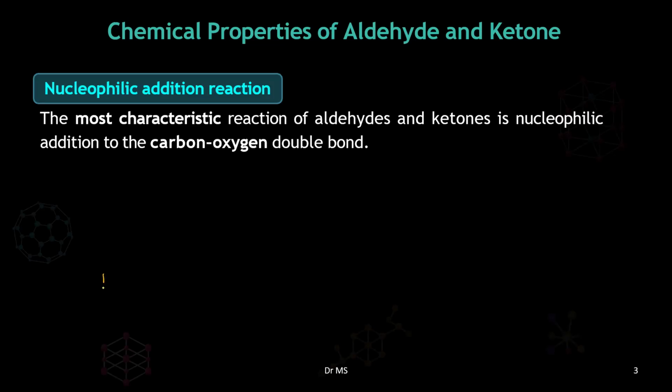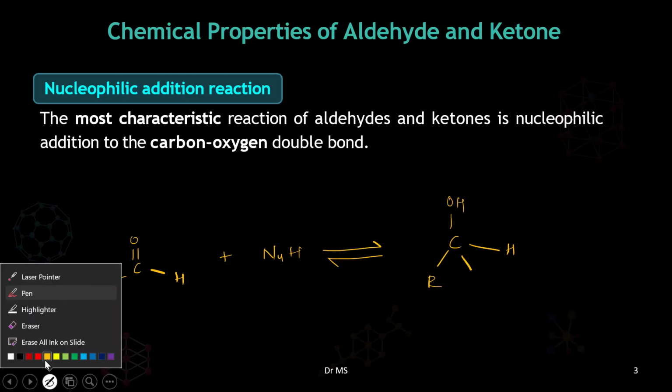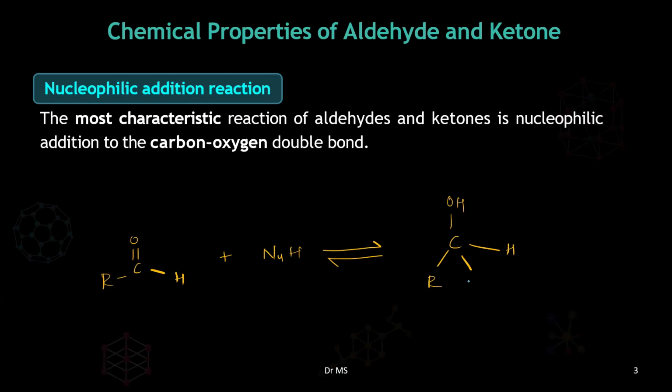Suppose you take an aldehyde, C double bond O hydrogen, and there is a nucleophile, and this is an irreversible reaction. So the carbon is added with the nucleophile. You see here, so that is the reason we call this a nucleophilic addition reaction.